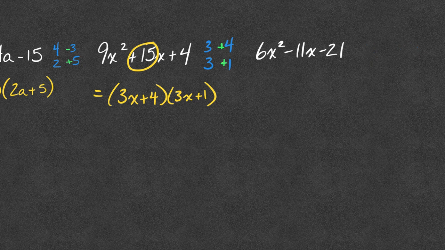Take a look at the original trinomial, 6x squared minus 11x minus 21. You'll notice there is no common factor in that trinomial. And so when I go to create my fast factoring chart, I'm conscious that there is no common factor.